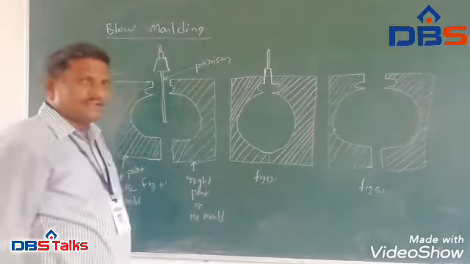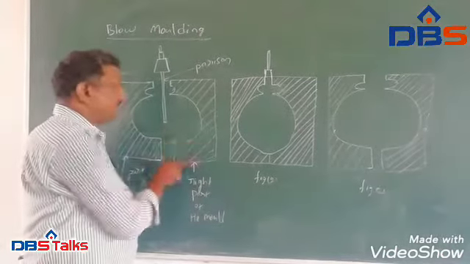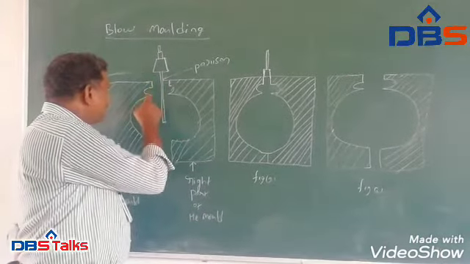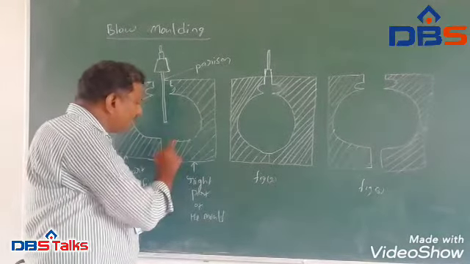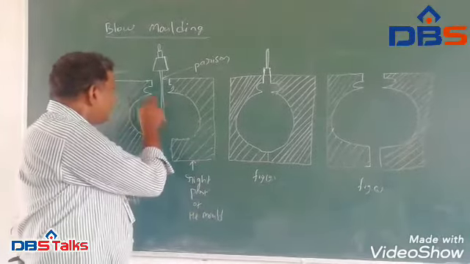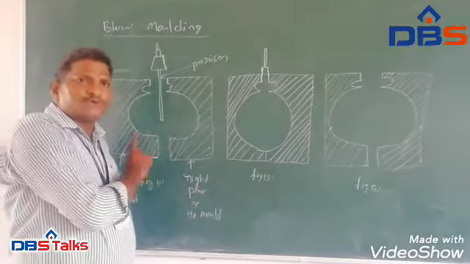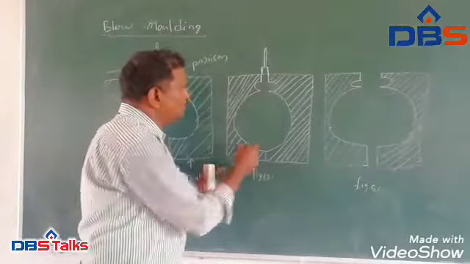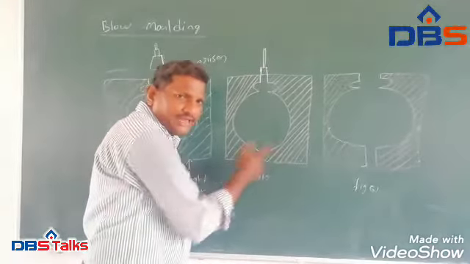When these three devices are not grouped into one, they will appear like this. And see, half of the left part and half of the right part of the mold is nothing but the two halves of the produced component shape. If we combine these two, we will get the produced component like this.